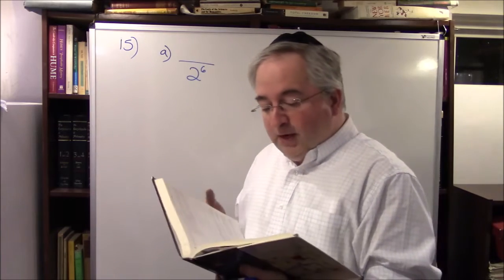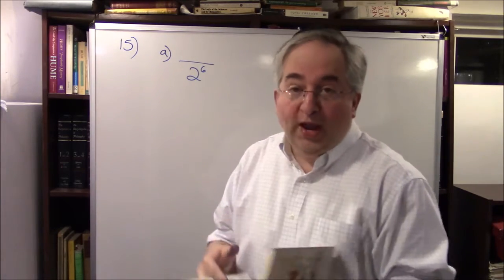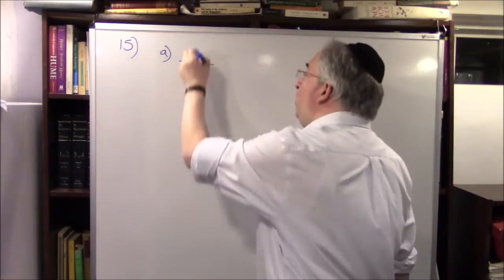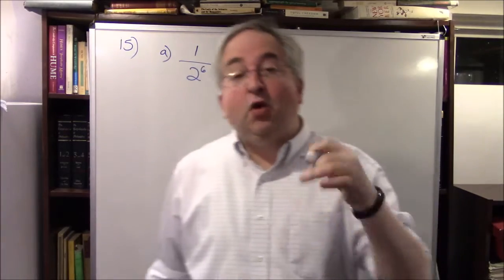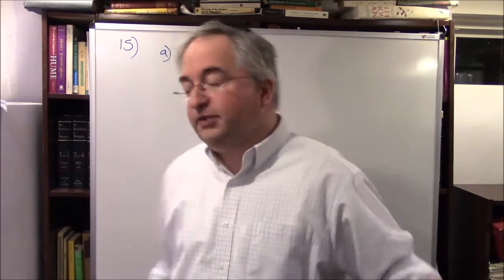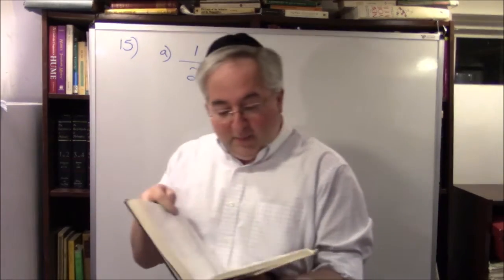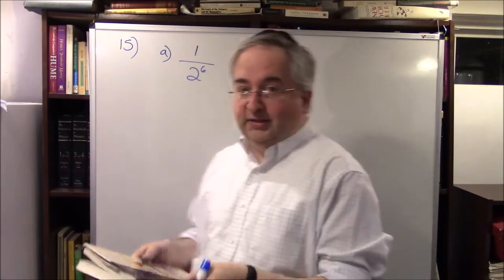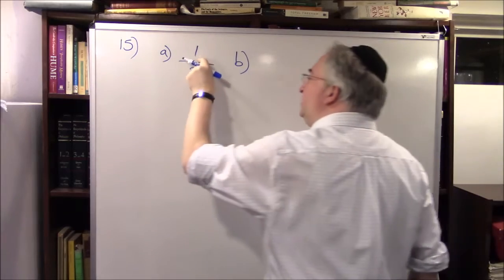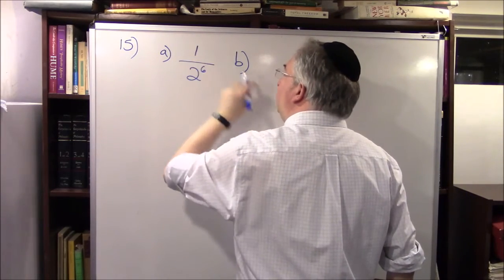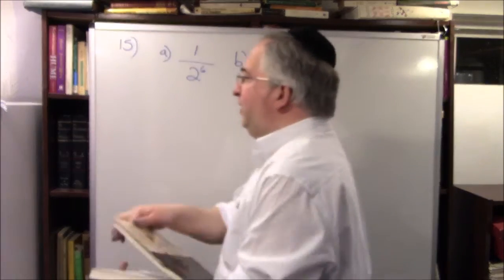Great. How many ways are there of getting no heads? Well, there's only one way of getting no heads, namely all of them are tails. That's pretty simple. B. How many ways are there of getting 1 head? I don't want to write this as 1.